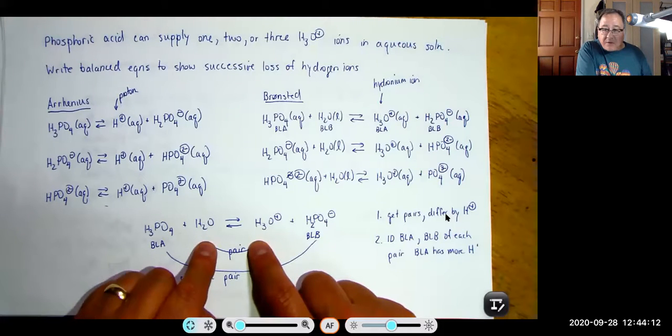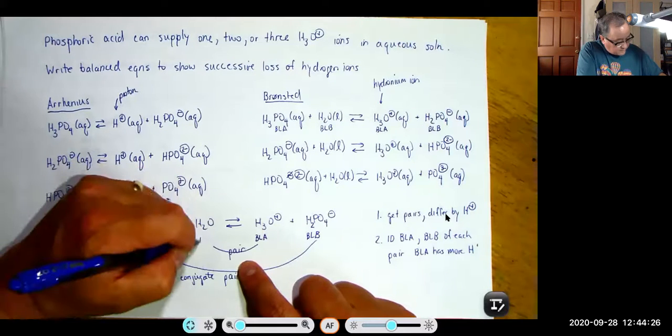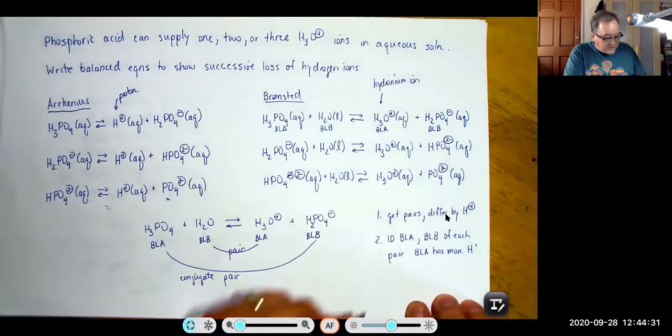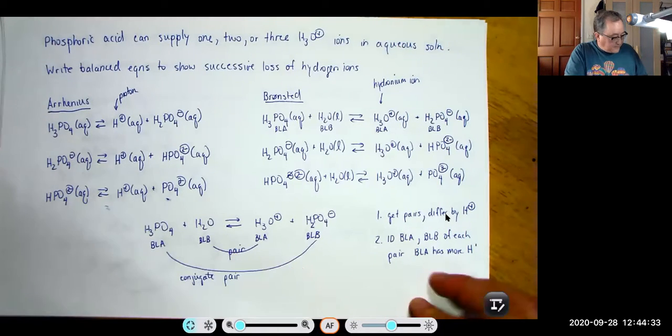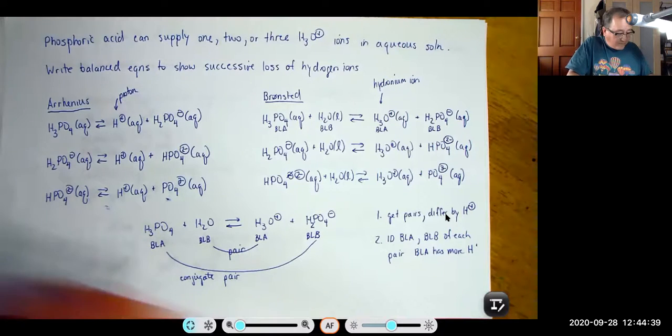If you think it's the right one, put go faster. And that is correct. So this is how you do it. Get the pairs and then identify the acid of each pair and the base of each pair, and you're done.